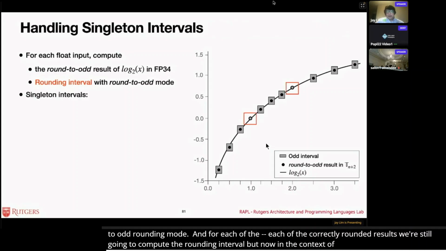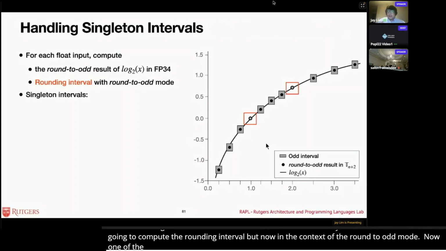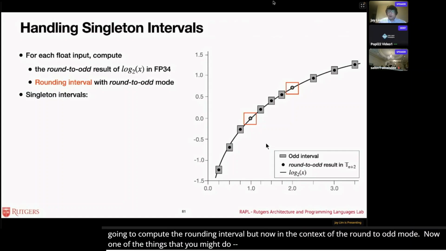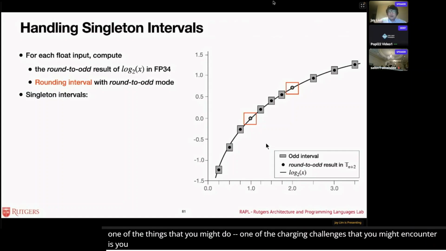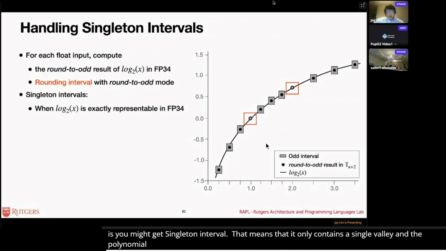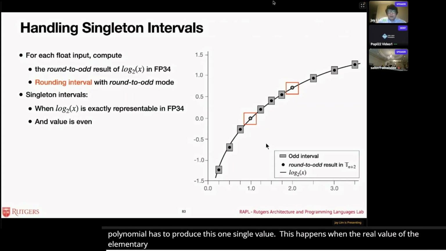One of the challenges that you might encounter when computing the rounding interval is that you might get some singleton interval. This means that the rounding interval only contains a single value, and your polynomial has to produce this one single value. This happens when the real value of the elementary function is exactly representable in the 34-bit floating point representation, and the bit pattern of that value is even when you interpret it as an integer.